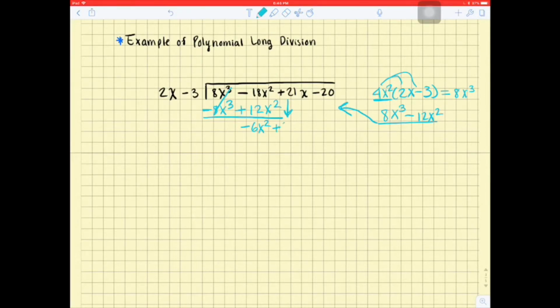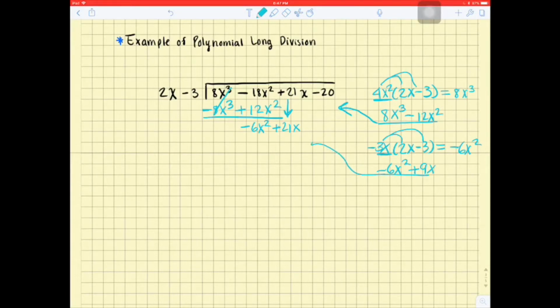Now I'm going to bring down this positive 21x. And I'm going to do the same thing that I did. I'm going to do 2x minus 3, and I'm going to multiply times a number that gives me negative 6x squared now, as you can see here. That's my first term. So I'm going to just use negative 3x, factor it in, and get negative 6x squared, and then I'm going to get plus 9x.